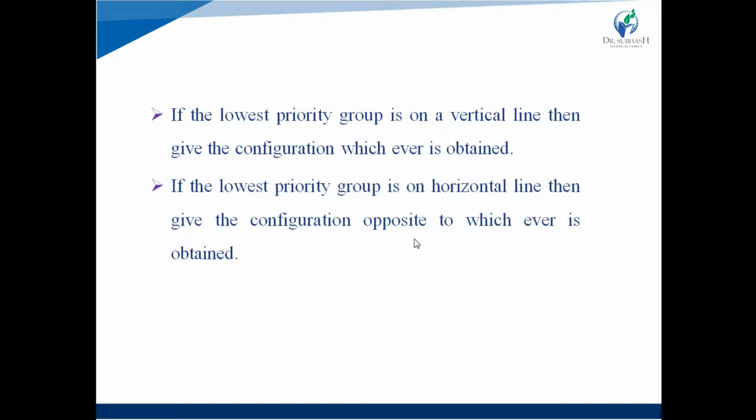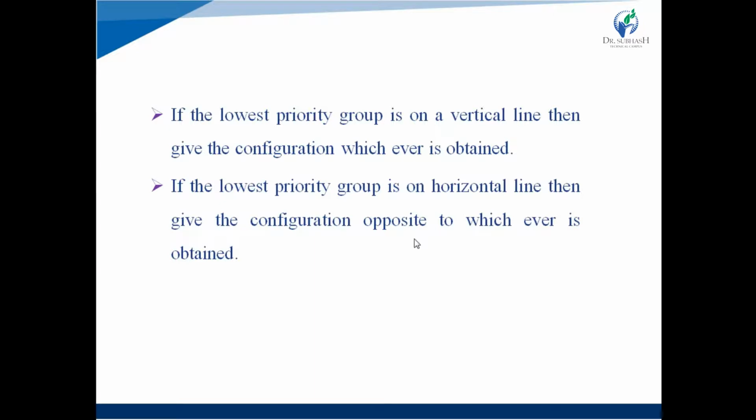But if the lowest priority group is on a horizontal line, then give the configuration opposite to whichever is obtained, right? When the lowest priority group is present horizontally, then it is considered that it is present in plane or near to us, right?